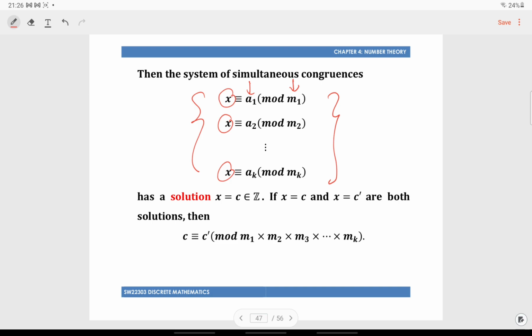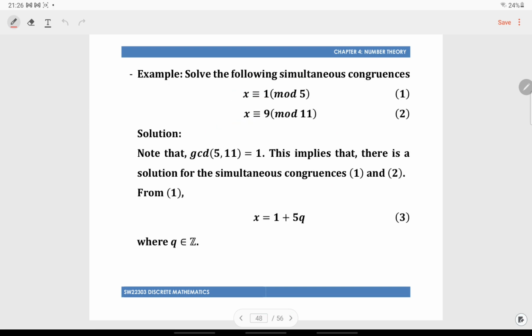Let's say we denote the solution as C. The first solution is C, the second solution is C prime. That means we have more than one solution. These two solutions are congruent to each other modulo the product of all the M. So these two numbers are congruent modulo the product of all the moduli.